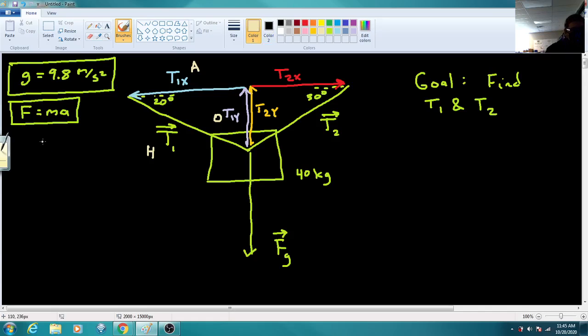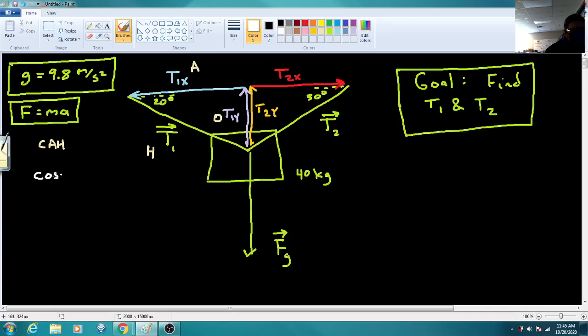So I'm going to use CAH to figure out T1x, because I know the hypotenuse is T1, and that's one of the two things I'm asked to find over here. So, sorry, let's box our goal in to keep it clear. That's the main thing we're going for over here.